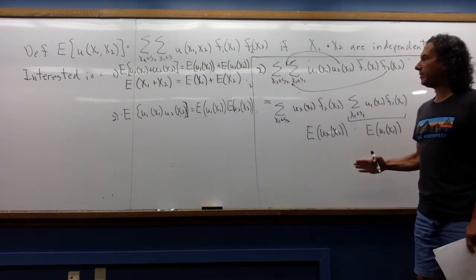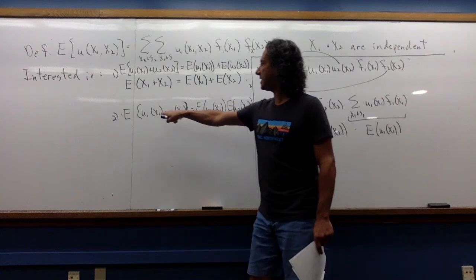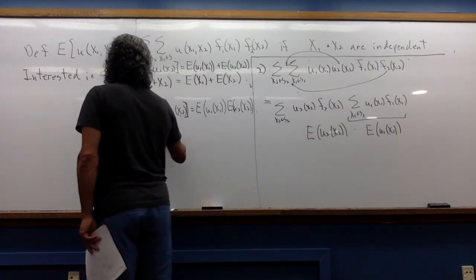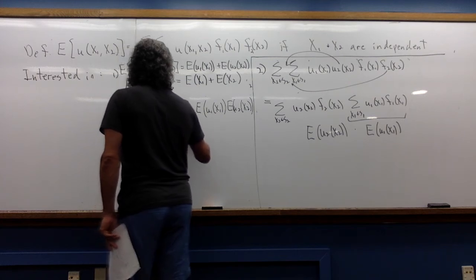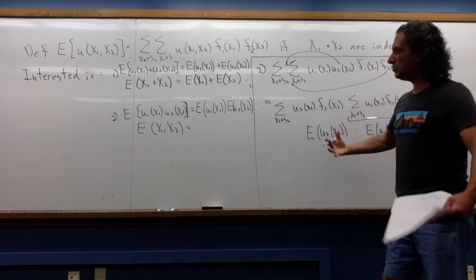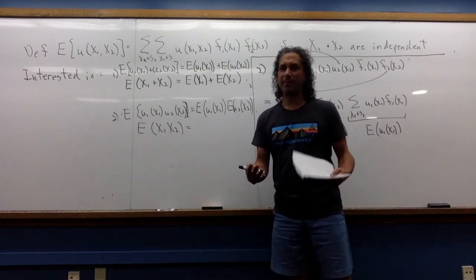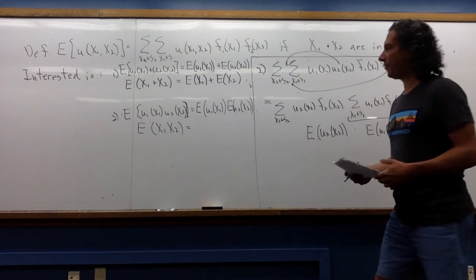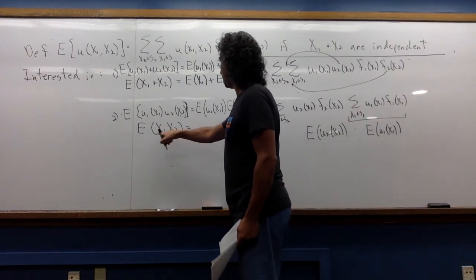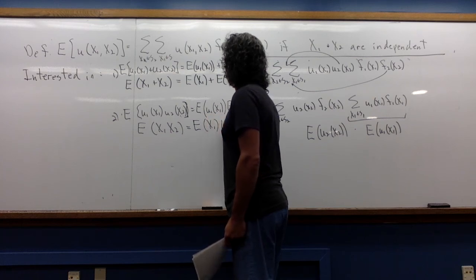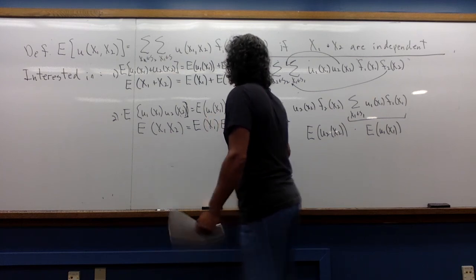And the one that we're going to be interested in is where these guys happen to be just x of i. So in other words, the expected value of x1 x2. Again, this is a new distribution which is achieved by multiplying all of the xi's together. Maybe that's even hard to picture, but I know the expected value of it is just the expected value of x1 times the expected value of x2.